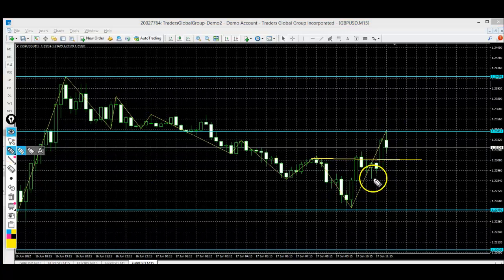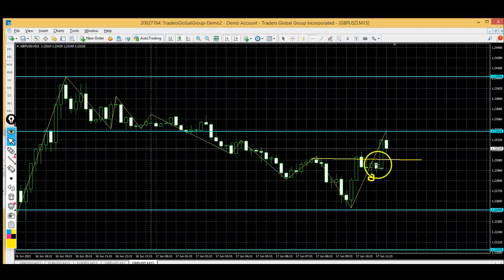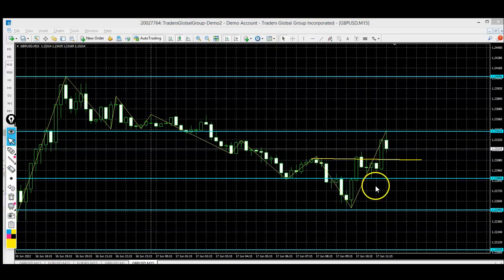I would say it's this particular one here. I can put another support and resistance line there, and as long as price does not close below this level, I'll be looking for up moves. Except if I get a nice bearish candle that closes below this and perhaps touches this one, then I'll look for a pullback to go short.